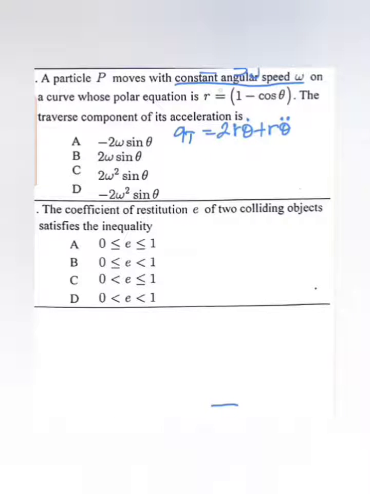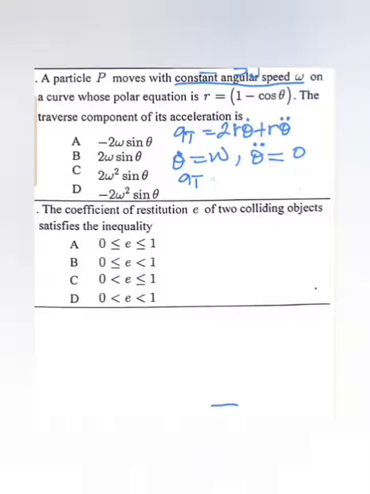Each time the angular speed is said to be constant, the angular acceleration will be 0. Remember, angular speed is denoted theta dot or d theta dt, and this is omega. Since it is constant, theta double dot, the angular acceleration, would be 0.